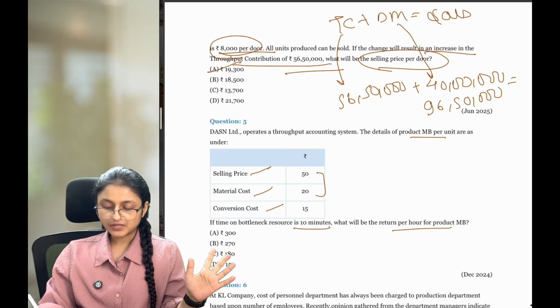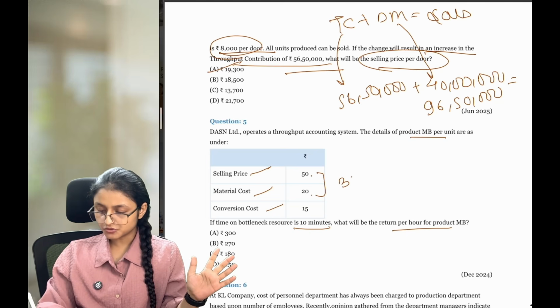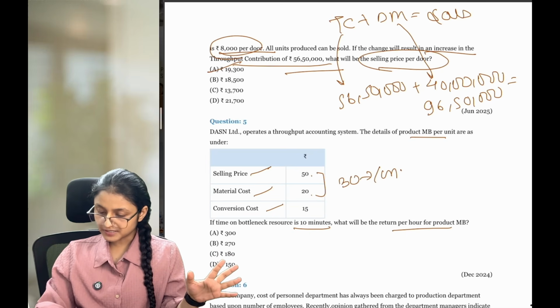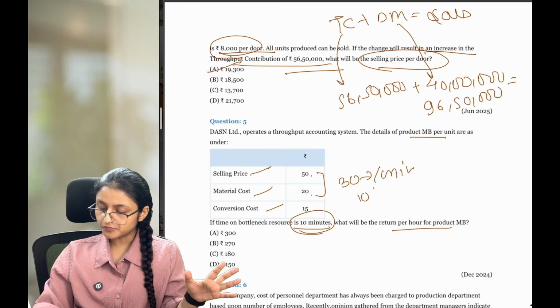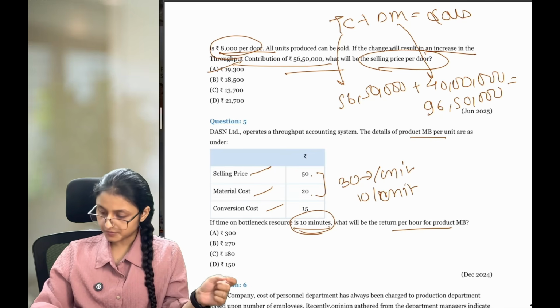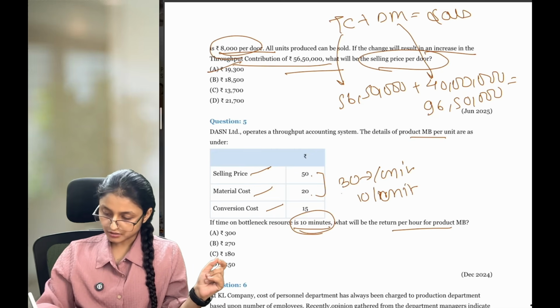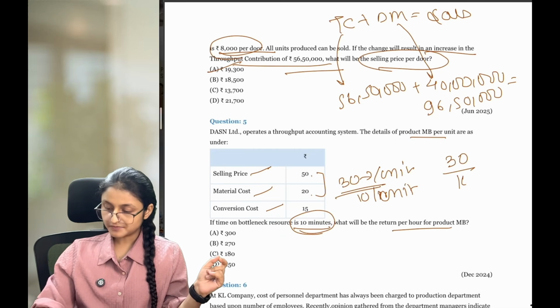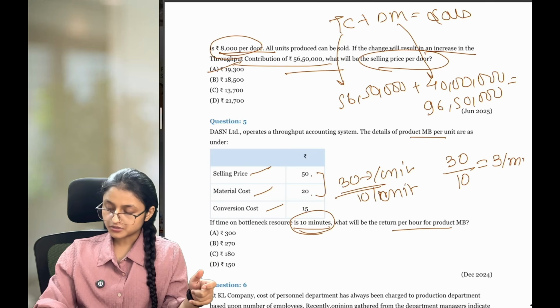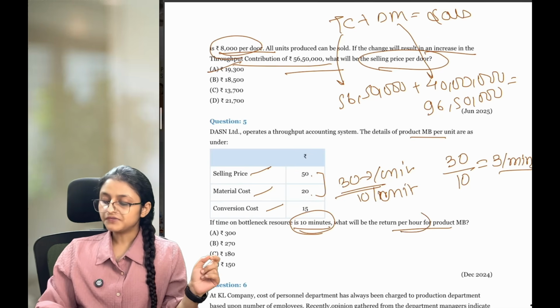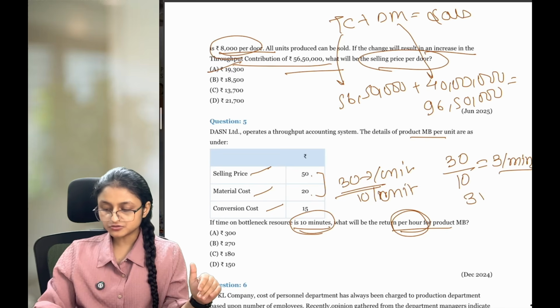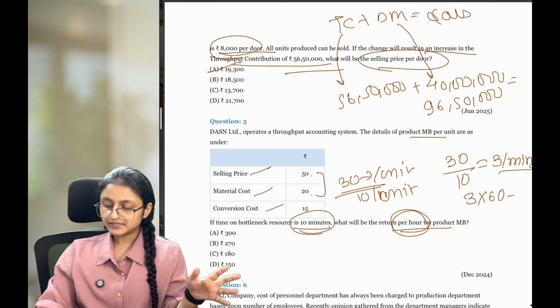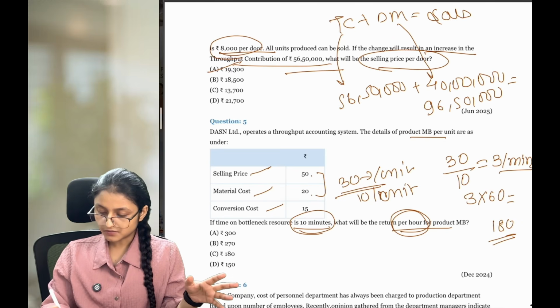Throughput: selling price minus material cost will give you throughput of 30. This is on a per unit basis, and I already know the time on a per unit basis, that is 10 per unit. So to calculate return per minute, I divide the return, which is throughput, by the time per unit. This will give me the return per minute, which is 3 rupees per minute. But we have to calculate the return on a per hour basis. So just multiply this by 60 so that it can be converted into return per hour, that is equal to 180.